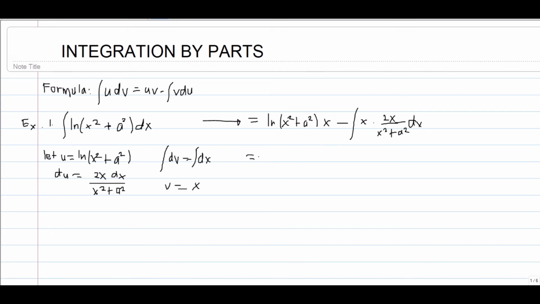Next, this is x ln of x squared plus e squared, minus, so we multiply x here, we write 2 times the integral of x squared over x squared plus e squared, dx.